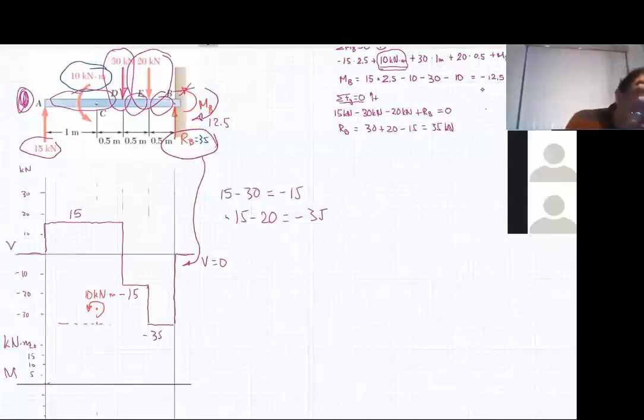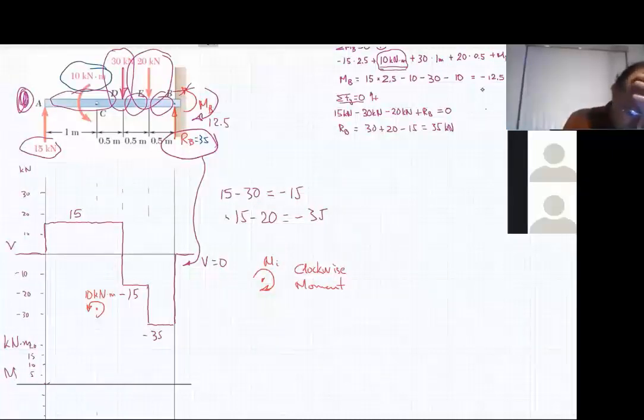Here is something that you just have to learn by heart. There is a mathematical explanation for that, but I think it's easy if you just remember that if you find a concentrated moment that is clockwise, let's call this MI, then your moment diagram has to make a jump.